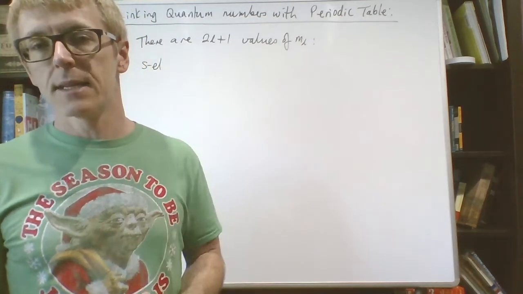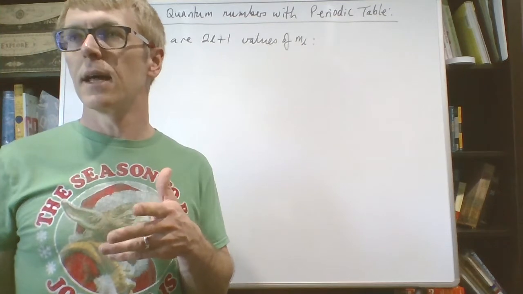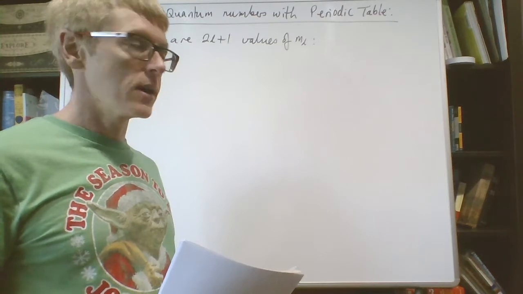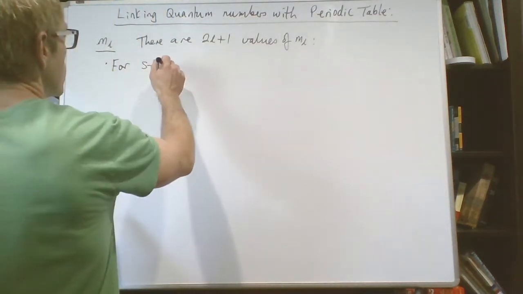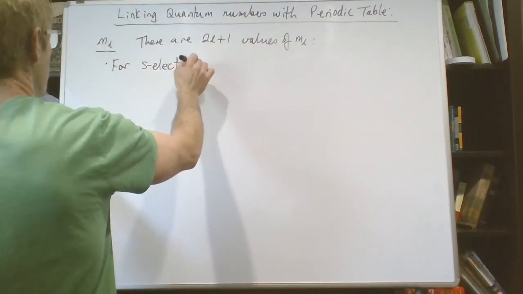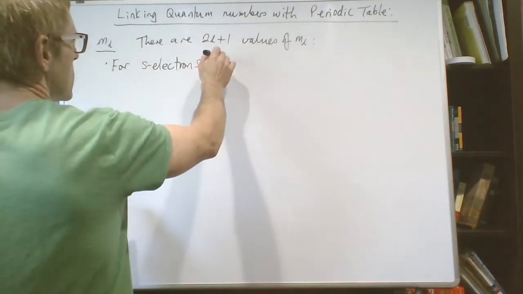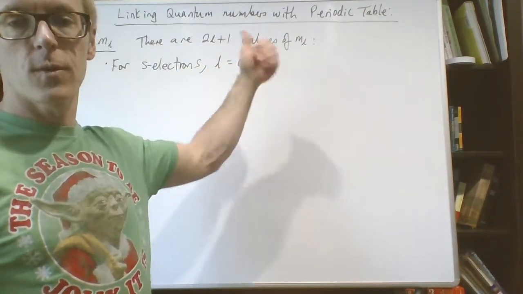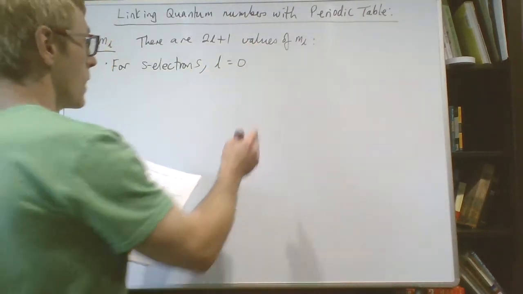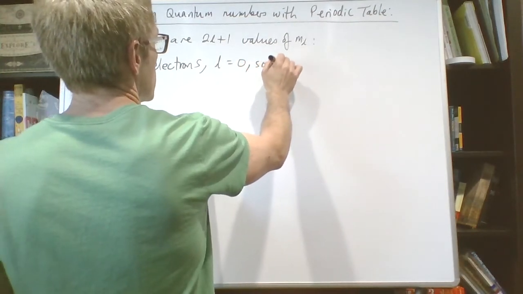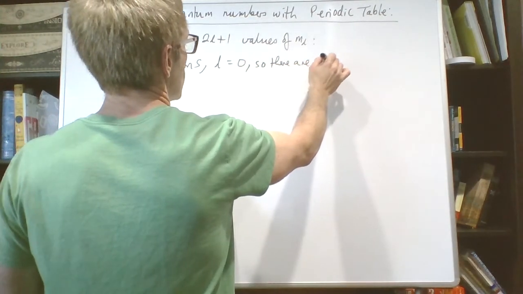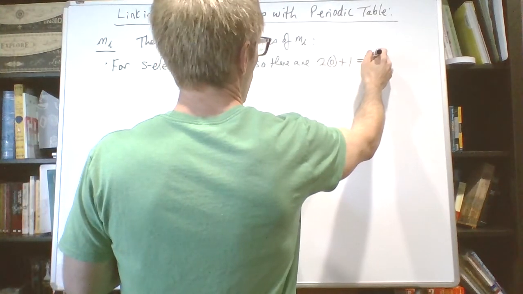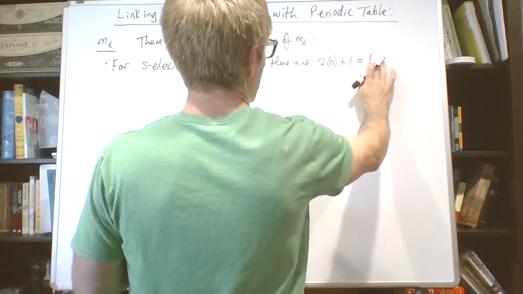So when I say an s electron, I really mean an electron in an s orbital. For s electrons, the orbital angular momentum quantum number was 0, as we've seen in a previous diagram. So there are 2 lots of 0 plus 1, so there's 1 ml value.